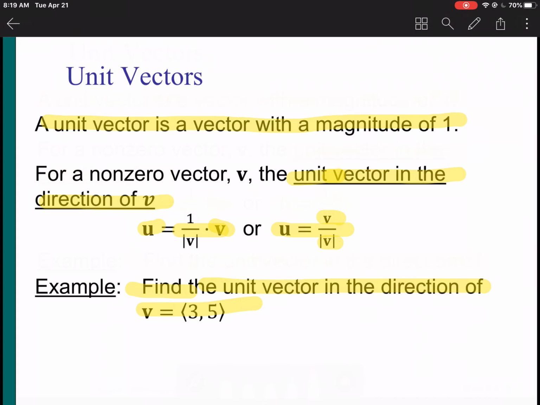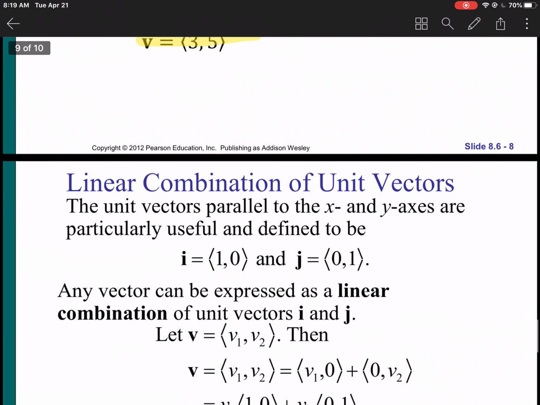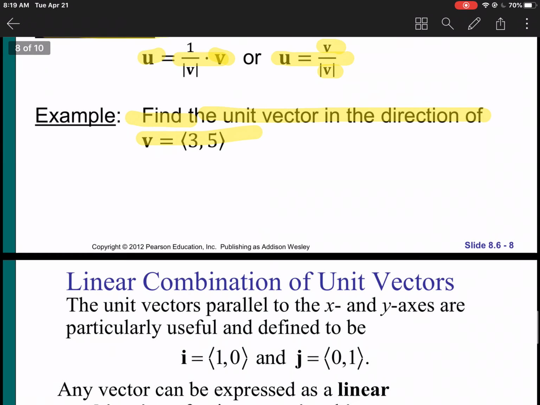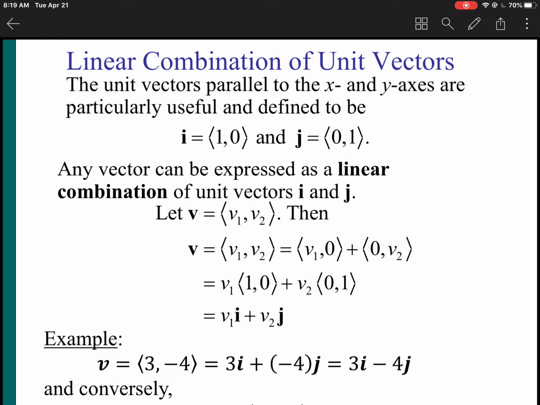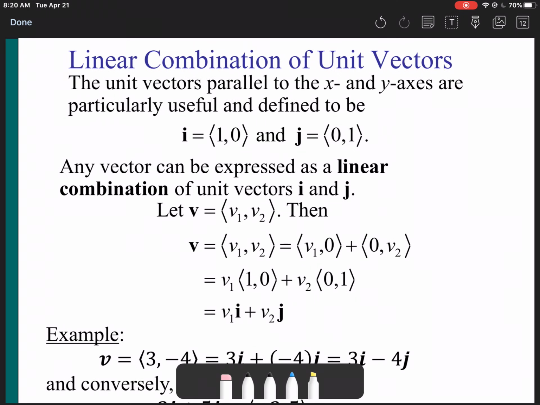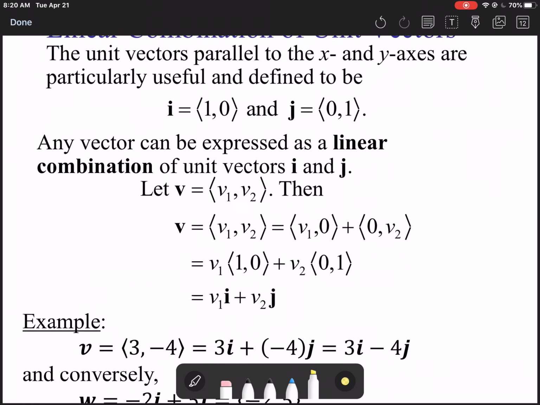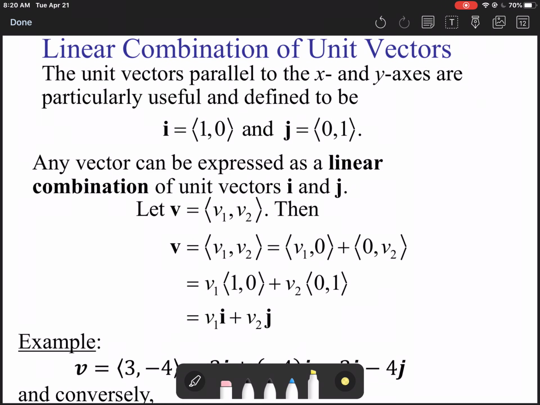That actually has a lot of uses in this context of vectors and the calculations we do with vectors. One of which is representing a vector in a different format, what we call linear combinations of unit vectors. So the unit vectors parallel to the x-axis and the y-axis are of particular interest to us.